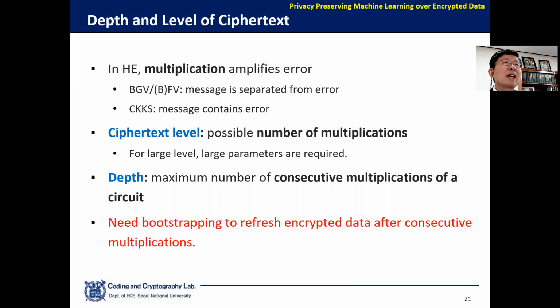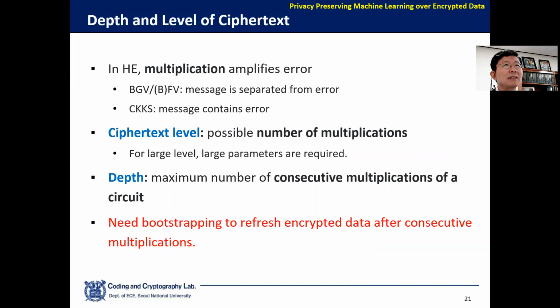I'm going to introduce depth. What are the depth and level of a ciphertext? In homomorphic encryption, multiplication amplifies error. In BGV and BFV, the message is separate from the error, but in CKKS, the message contains noise, I mean the error. So what is the ciphertext level?